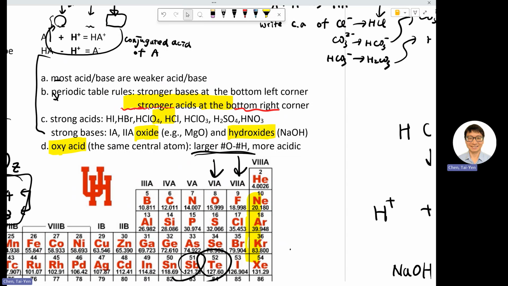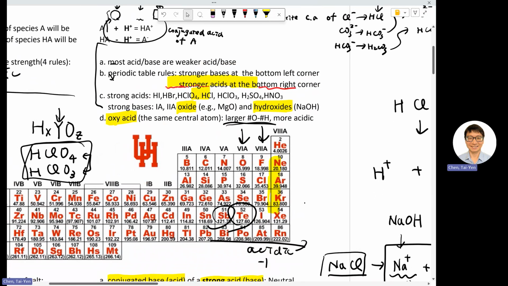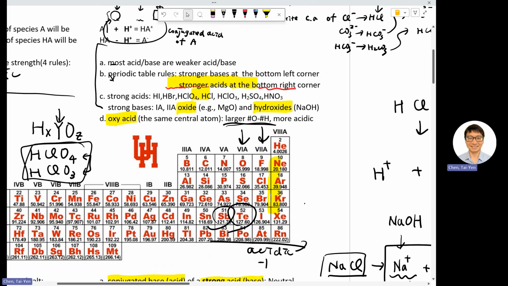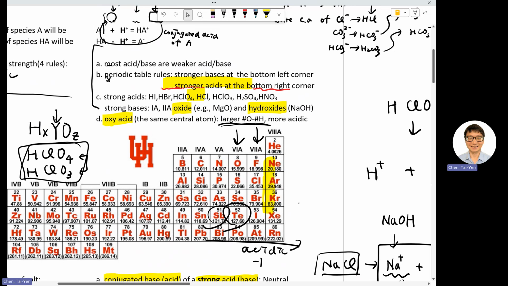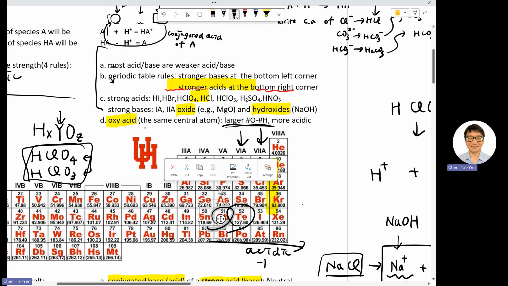Those are the strong bases. The third one is that if you use the periodic table, moving to the left and to the bottom is where you find the stronger base. Moving to the right and to the bottom is where you find the stronger acid. Those are principles you really need to know. The very last one is oxalic acid, which always has this chemical formula.